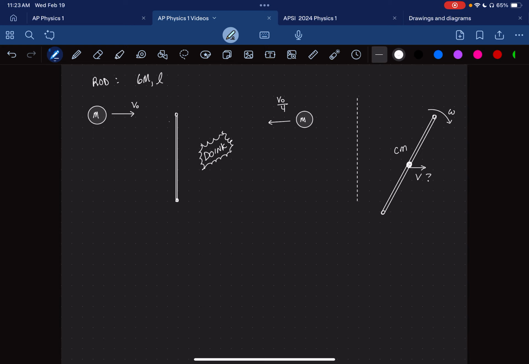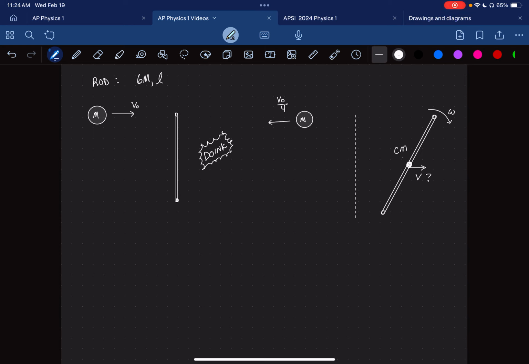After the collision, the ball is moving back this way with velocity V naught over 4, so a fourth of its initial velocity. Now this dotted line shows where the rod used to be.